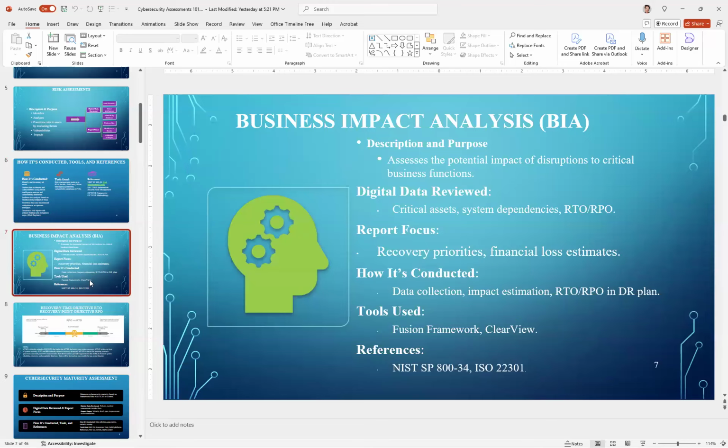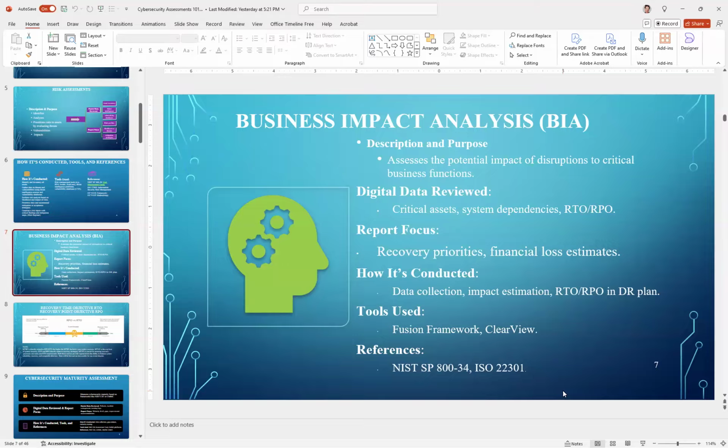The business impact analysis, or the BIA, is one that assesses any possible impacts or any disruption of any business functions that are critical to the running of smooth business. Some of the digital data that you'll review are critical assets, system dependencies, RTO and RPO, which I will look at in the next slide.